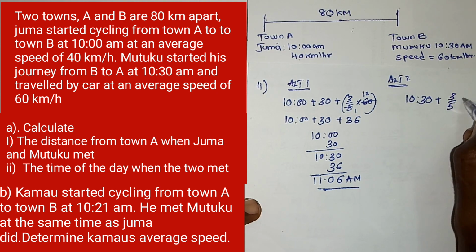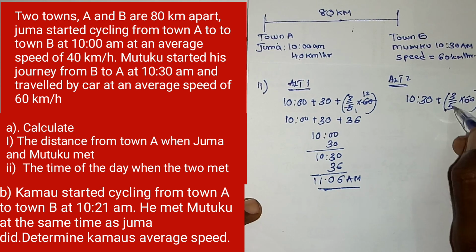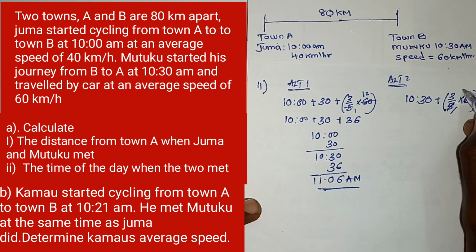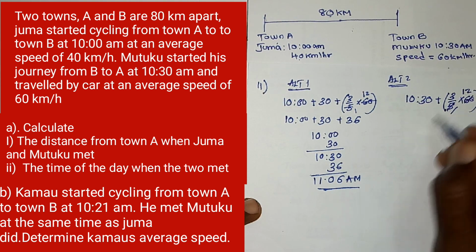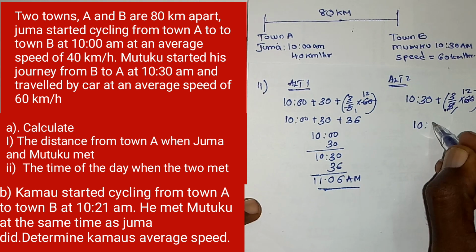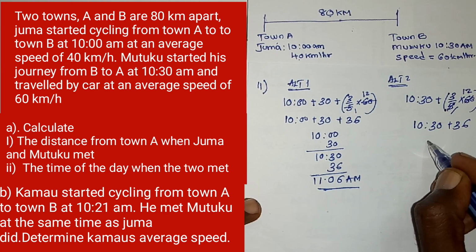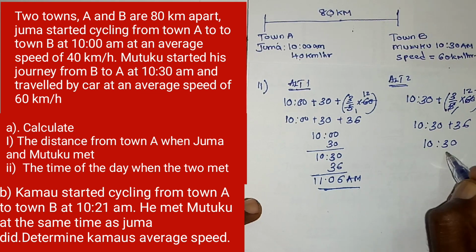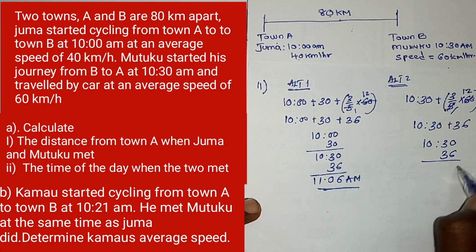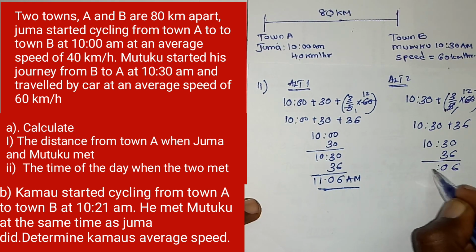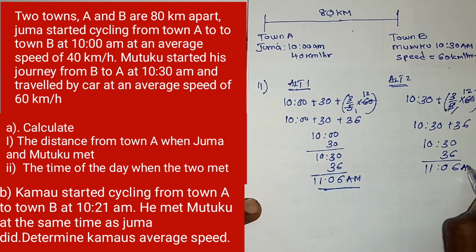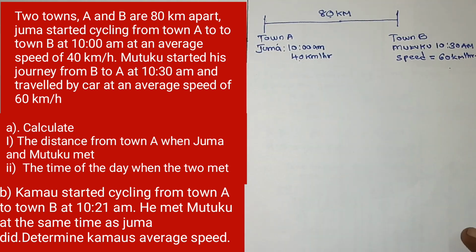If we change to minutes, we multiply by 60, and 3 times 12 gives 36. 10:30 plus 36 minutes is 11:06 a.m.